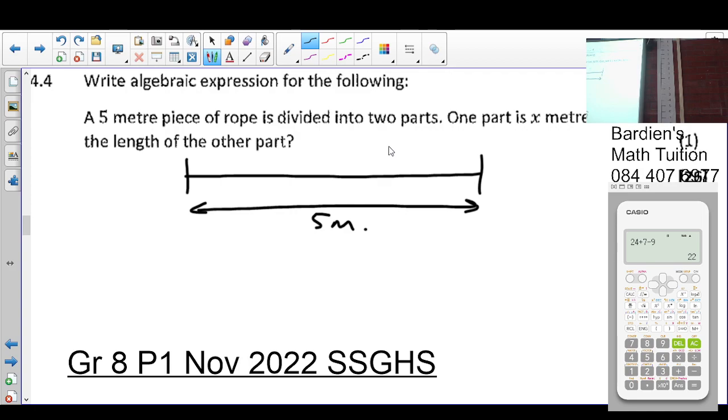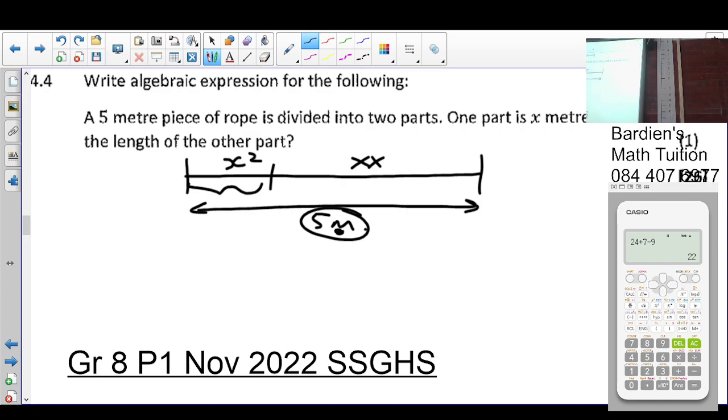One part is x. So if you make this x, what is the length of the other part? So if this whole length is 5 meters, and this is x, then this has to be... If this is 5 meters and this was 2, then how much is this going to be? 3.